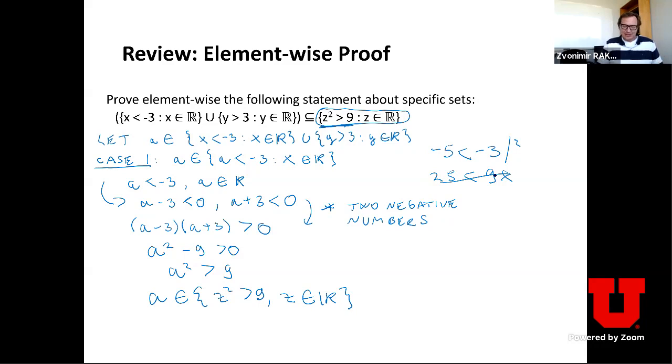It's almost the same as case 1. Instead of 2 negative numbers, you will have 2 positive numbers, and everything else is the same. So try to do case 2 at home. And of course, I will always post the scribbles and the solution online later if you get stuck.